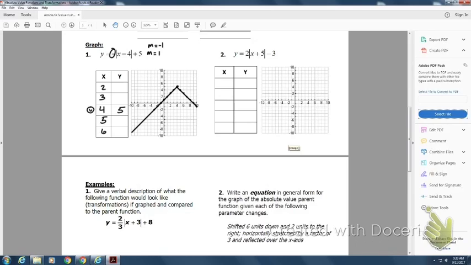And then I can put those y values in that I found. So I had 4, 5. Here I have 5, 4, and 3, 4. And then I had 6, 3, and 2, 3.